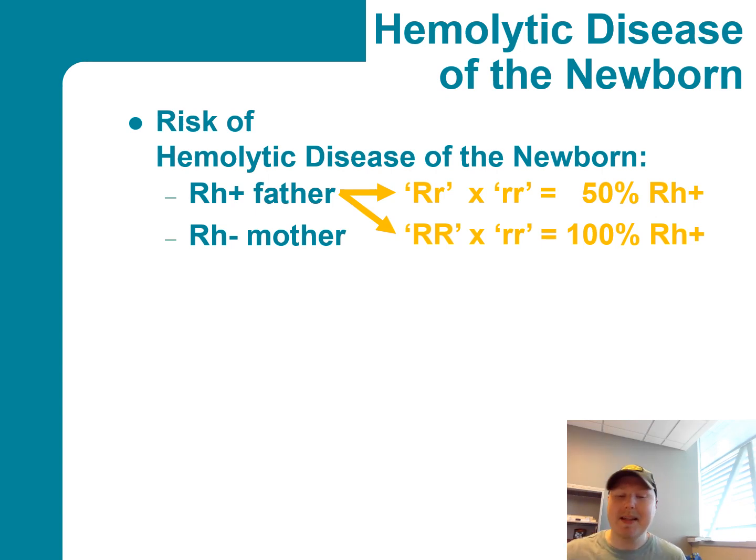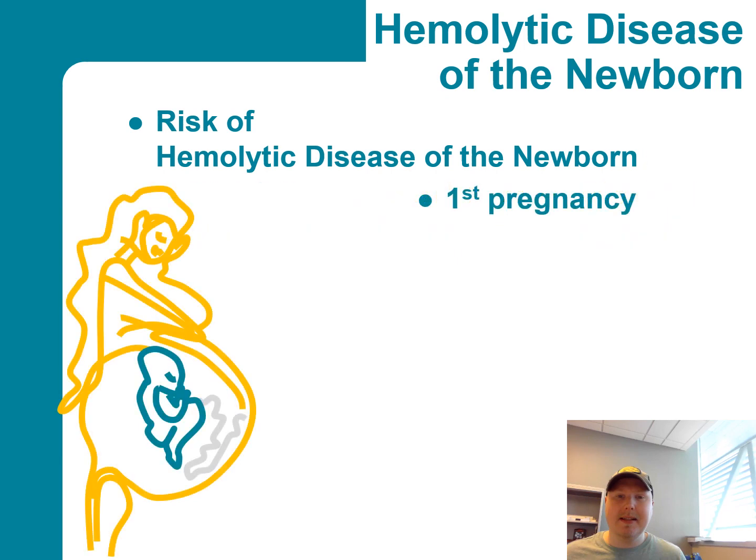Now, let's consider what is going on in this case. So here we have a baby in the uterus of the mother, and the mother is rhesus negative, and she is carrying a rhesus positive fetus as a result of that dominant rhesus gene provided by the father. Now the risk is that we get fetal-maternal hemorrhage.